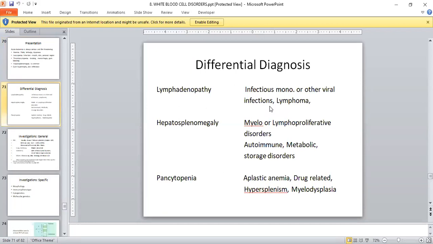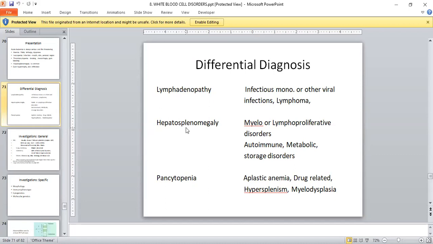So you can have differential diagnosis. Some conditions can be confused for ALL. The lymphadenopathy can sometimes point to infectious diseases such as mononucleosis. The hepatosplenomegaly can also be confused for myelo or lymphoproliferative disorders.